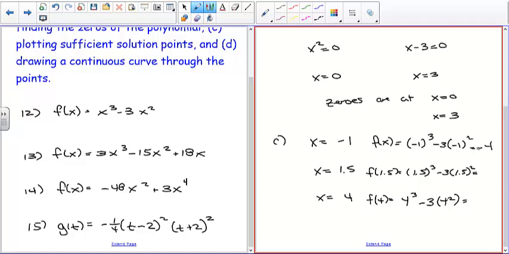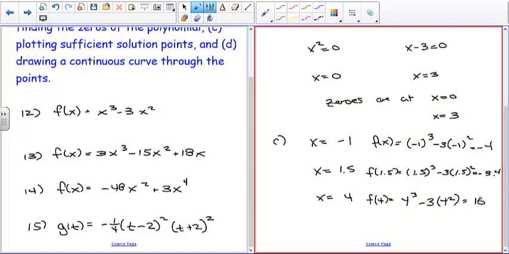Next one I'm going to use my calculator for. 1.5 cubed minus 3 times 1.5 squared should be negative 3.4. And then the last one was 4 cubed minus 3 times 4 squared. Whoa, 16.